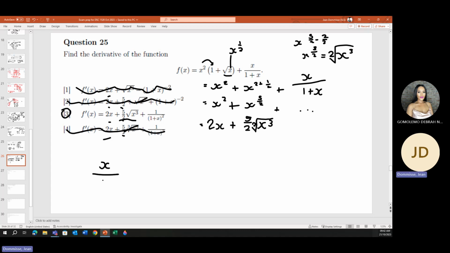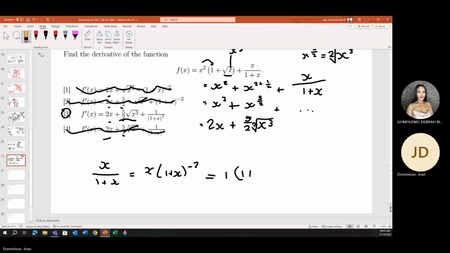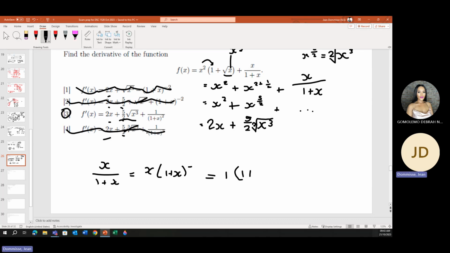Okay, so 1 plus x. Let's rewrite it. So x becomes 1, and I'm already thinking, what's the next step.